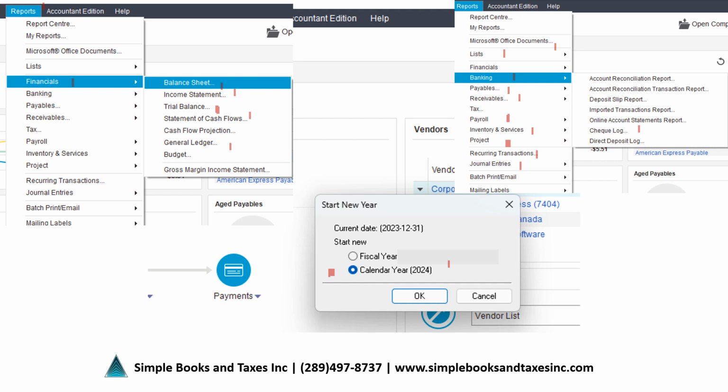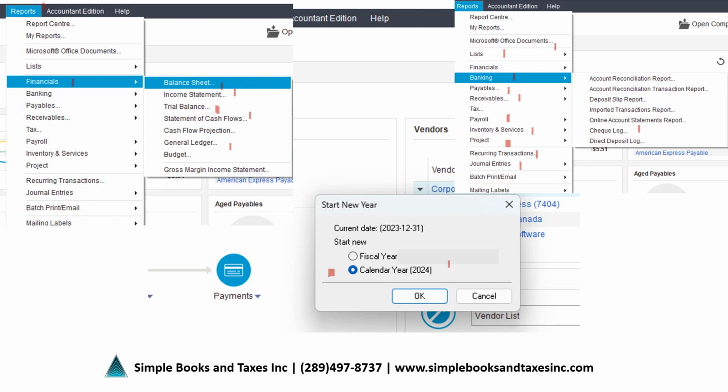First, I usually back up the system and name the backup before starting a new year. When you start a new year, you have to remember to update the federal and provincial payroll claim amounts and the WSIB rate for employees.